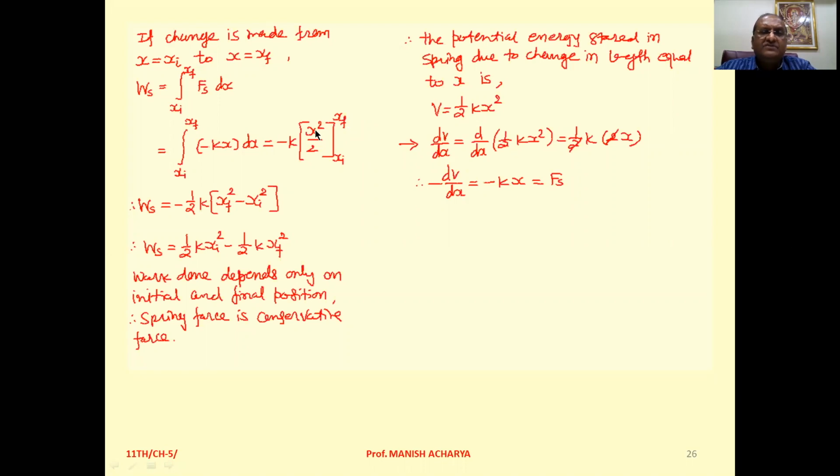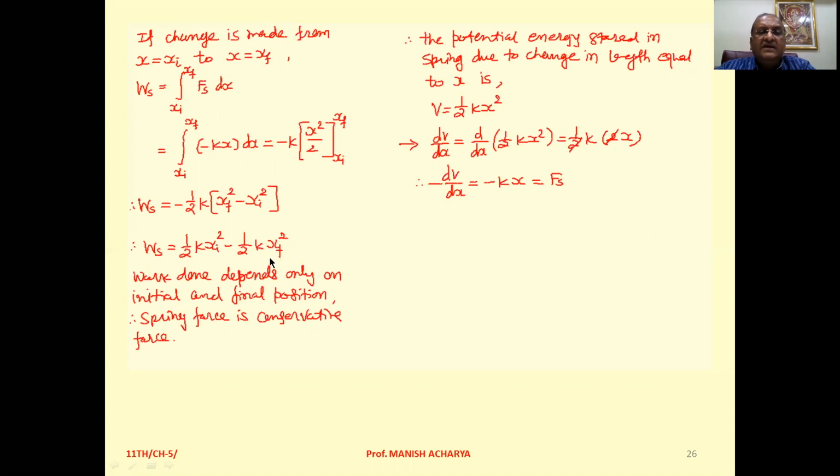So first we substitute the upper limit, then minus the lower. So we can write minus half k (xf square minus xi square). So the work done by spring force is half k xi square minus half k xf square.